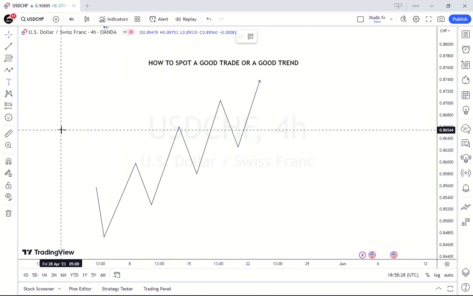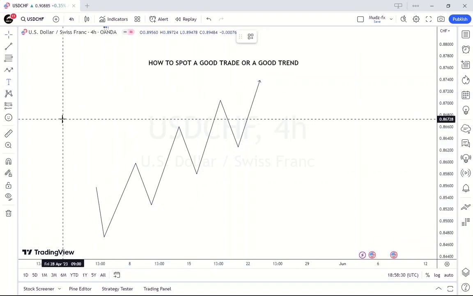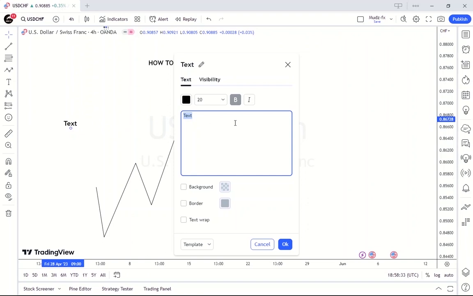Because as the forex market moves, it creates waves. It either creates waves going to the upside, or creates waves going to the downside.